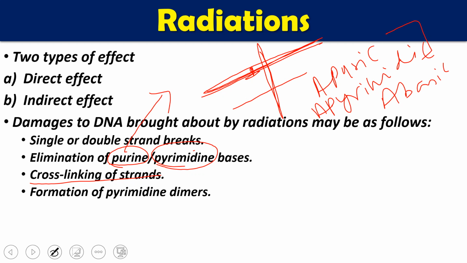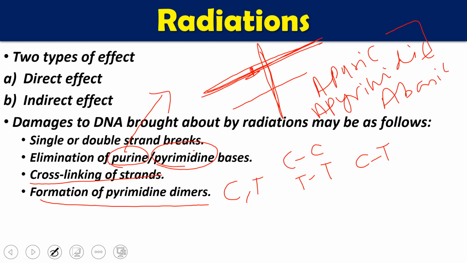Cross linking of DNA strands can occur, or formation of pyrimidine dimers. The pyrimidines in DNA are cytosine and thymine. So we can have cytosine to cytosine, thymine to thymine, or cytosine to thymine.